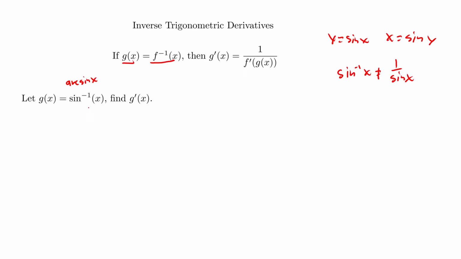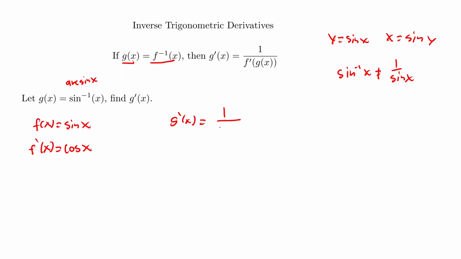So let's think about how we would do this if we apply this formula. Well, f of x is going to be equal to sine of x. And if I want to find g prime of x, I need to have 1 over f prime of g of x. So g prime of x is going to be 1 over, and f prime of x is the cosine of x.